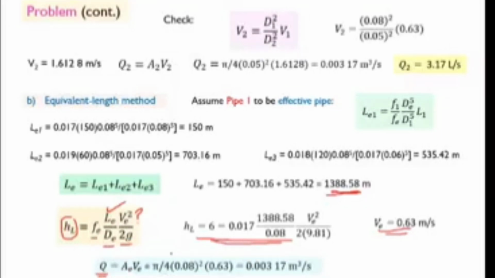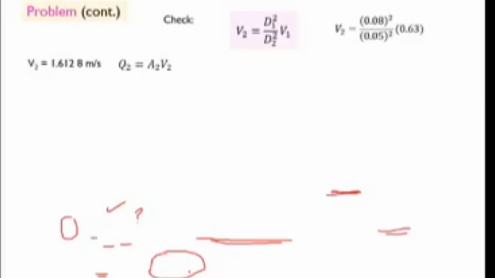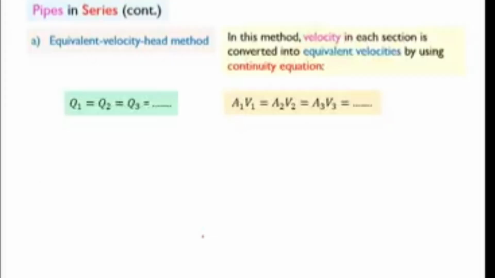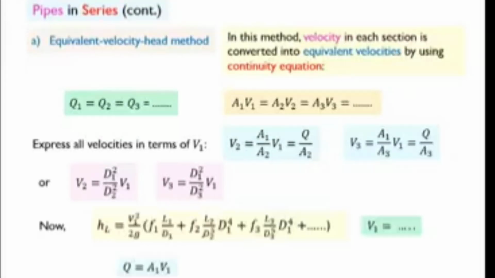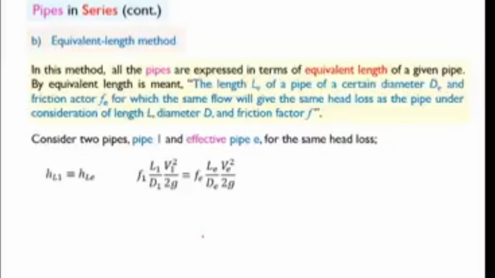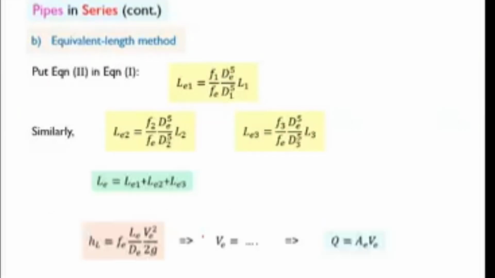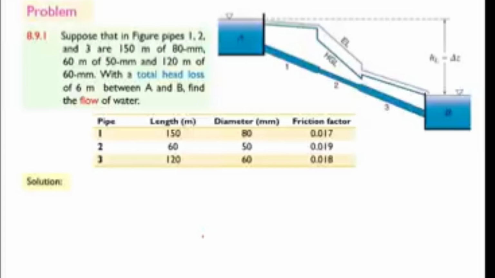So this is AE. This is essentially area of the first pipe, because the first pipe we selected as the effective pipe, 0.08. From where it comes, you can see here in the table. Here this is 80 millimeter.